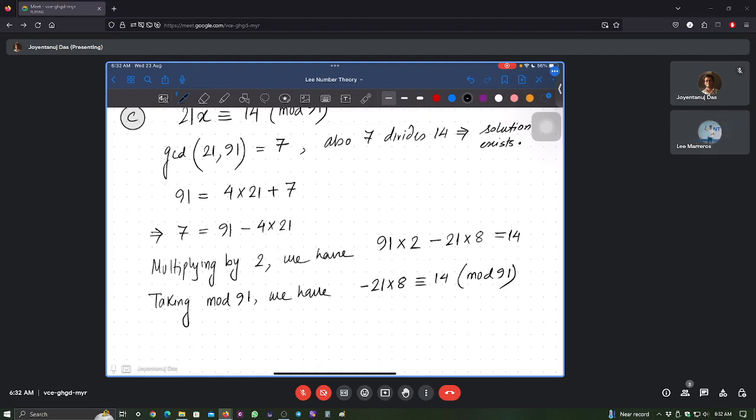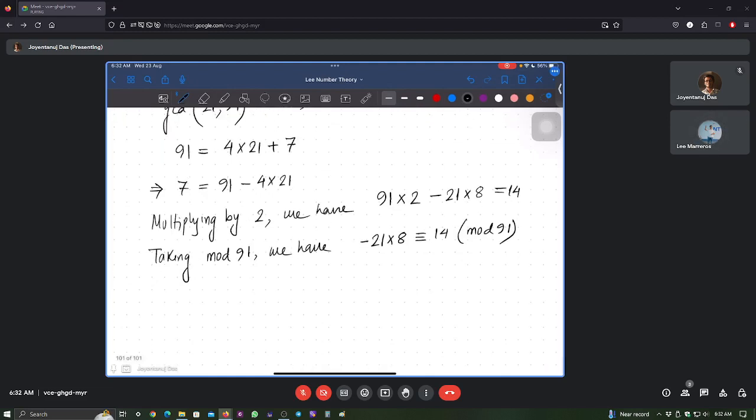But we want to take positive values, so we can add 91 to minus 21, which gives 70.